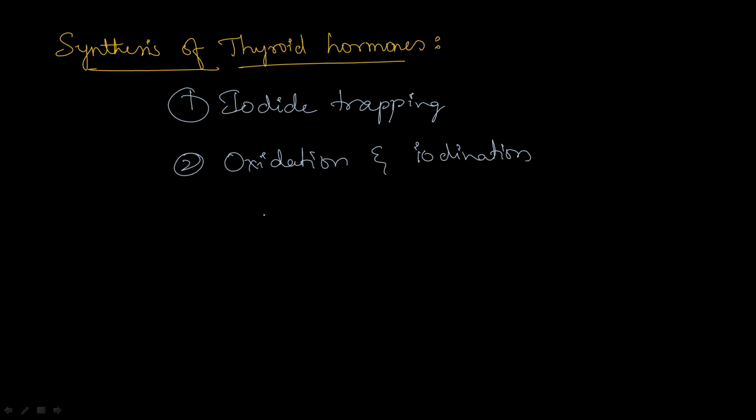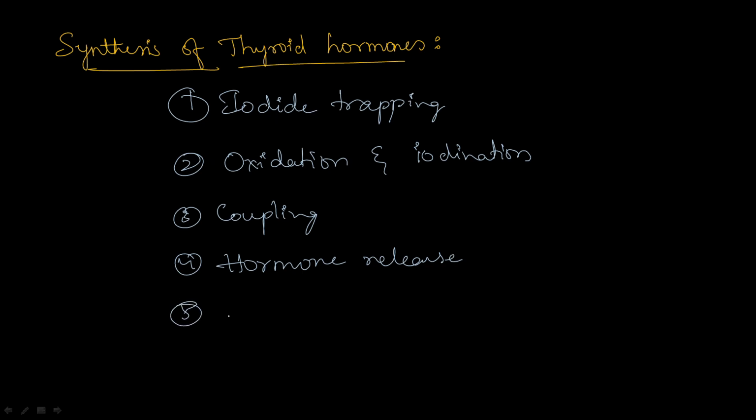Third step is coupling. Fourth step is the release of thyroid hormones. And fifth step is the peripheral conversion, right? We'll see step by step.